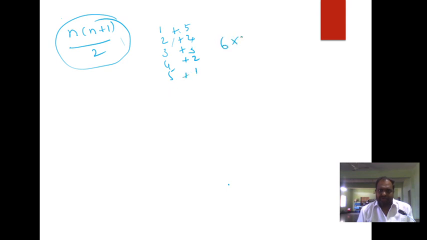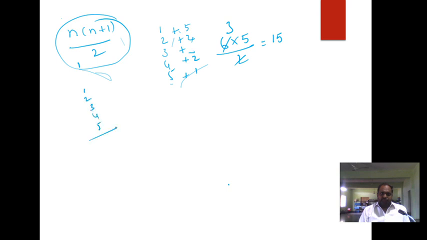How many 6s? 5 by 2, that is 2 and a half times, so the total is 15. Adding all the numbers 1, 2, 3, 4, 5: 5 plus 4 is 9, 9 plus 1 is 10, 10 plus 2 is 12, 12 plus 3 is 15. So this is the great invention of Friedrich Gauss, the German mathematician.